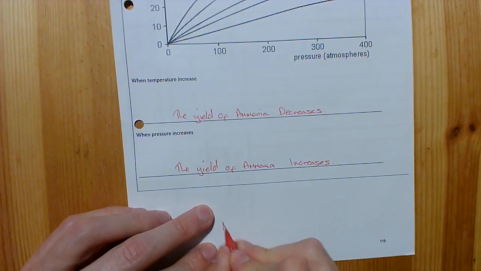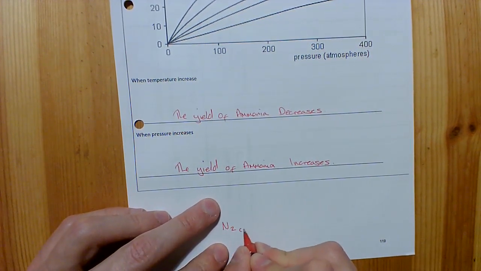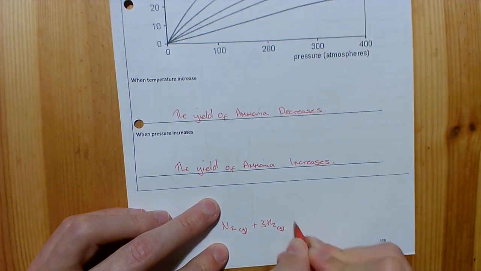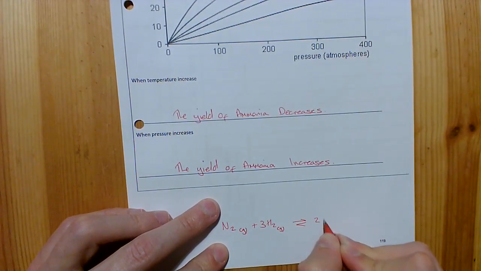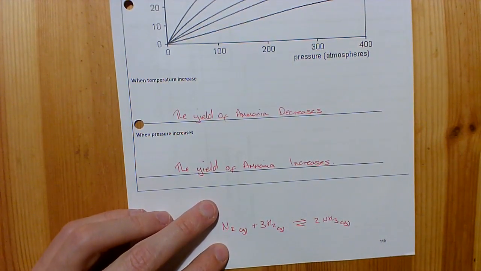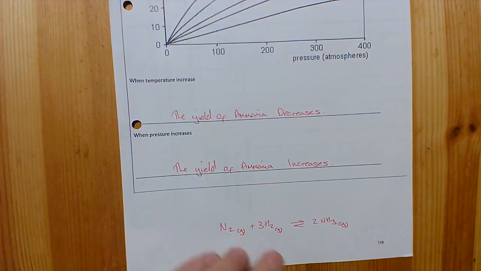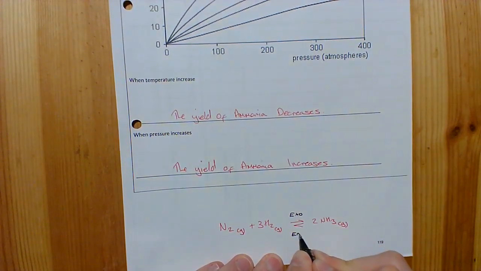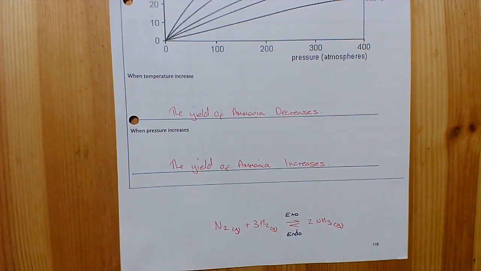So if I just redraw it so that we have nitrogen, hydrogen producing ammonia. Now, what you need to know is that it is exothermic in the forwards direction, which means it's endothermic in the backwards direction.